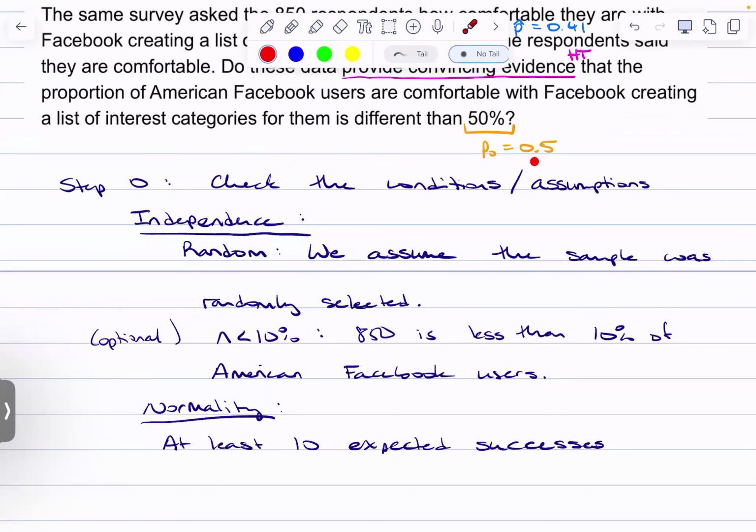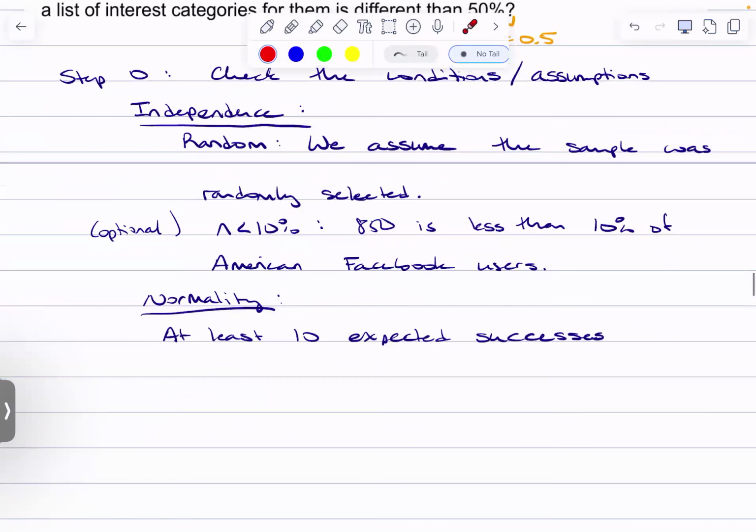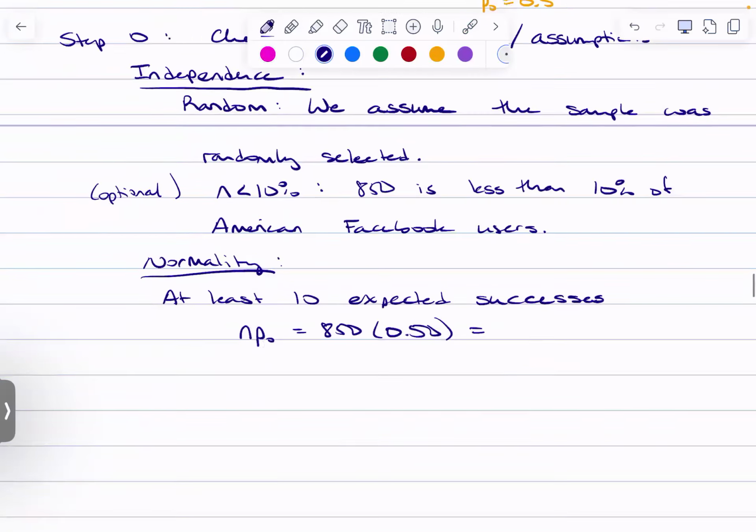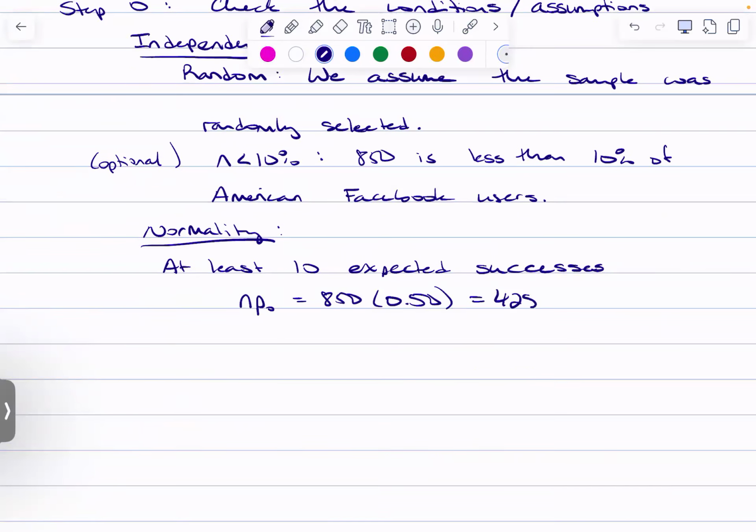And so n times p naught is 850 times 0.5, which is 425, which is greater than or equal to 10. Doing the same thing for the expected failures.